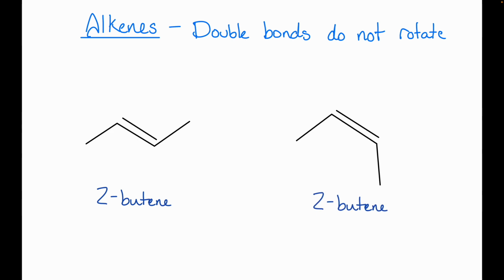I have my double bond between carbons 2 and 3 in this 4-carbon alkene. But these are two distinct molecules here. Again, we would call these a pair of stereoisomers, just like we saw above.